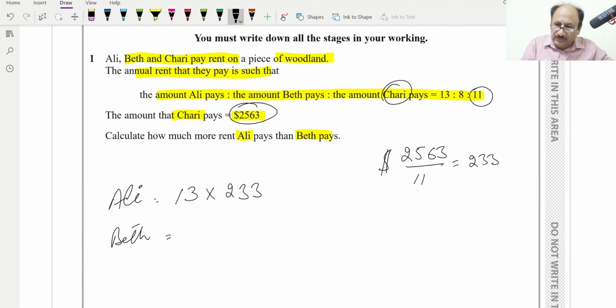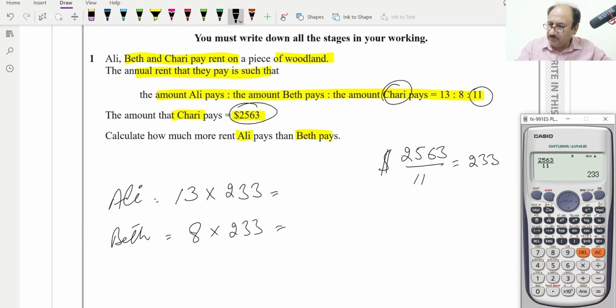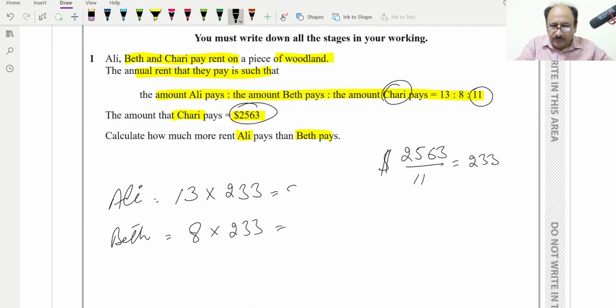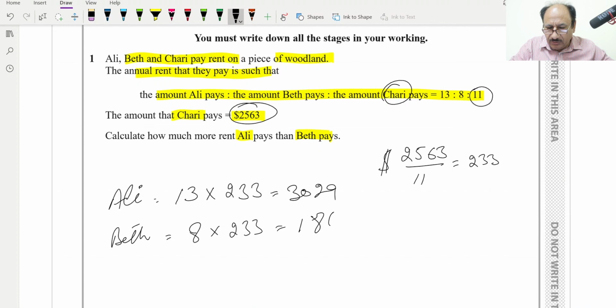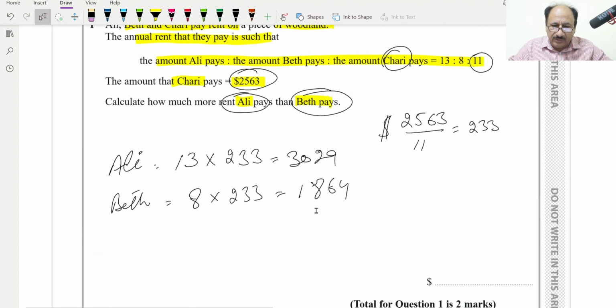So Beth is 8 multiplied by 233, and Ali is 233 multiplied by 13, which is equal to 3029 dollars, and the other person will be 233 multiplied by 8, which is equal to 1864 dollars. And they're saying calculate how much more rent Ali pays than Beth.